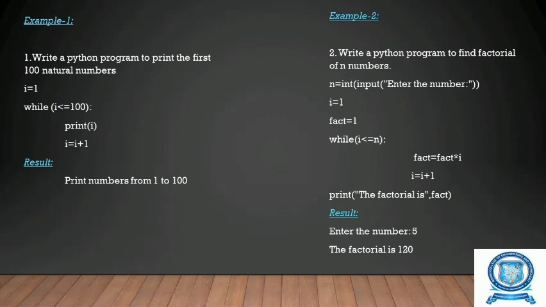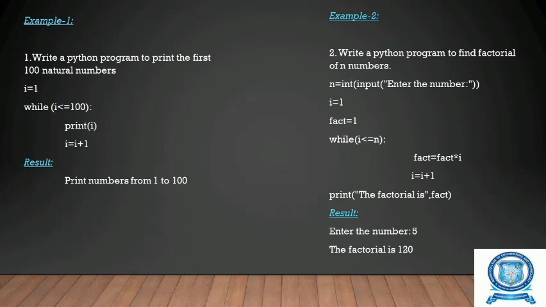This iterating value keeps on incrementing, and the condition is checked until the value becomes 100. When the i value is 100, the condition is checked as 100 less than or equal to 100. It is not less than, but it is equal to 100, so this becomes true and 100 is printed.